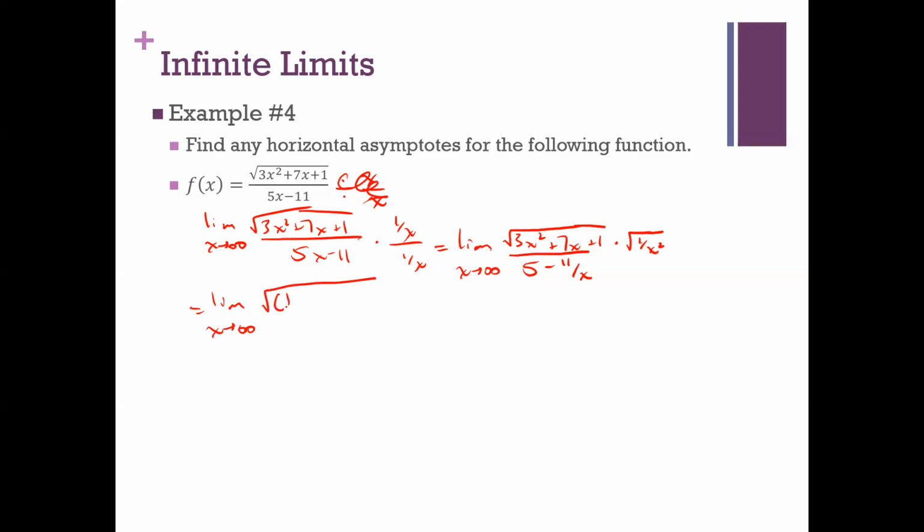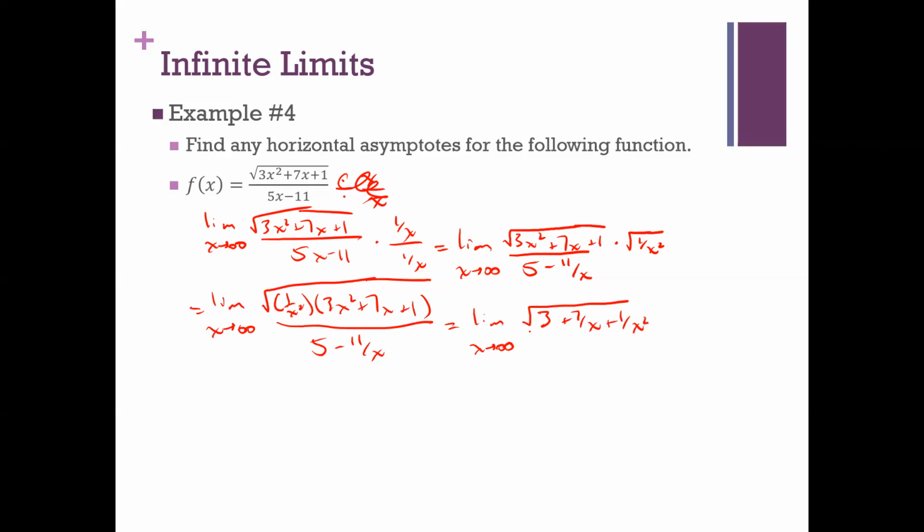So this is going to be the square root of 1 over x squared times 3x squared plus 7x plus 1, all over 5 minus 11 over x. And from here I can make this simplification: 3 plus 7 over x plus 1 over x squared, all over 5 minus 11 over x.